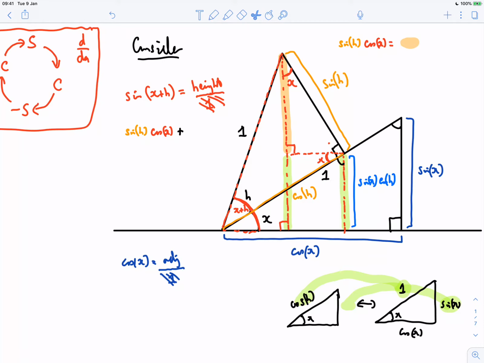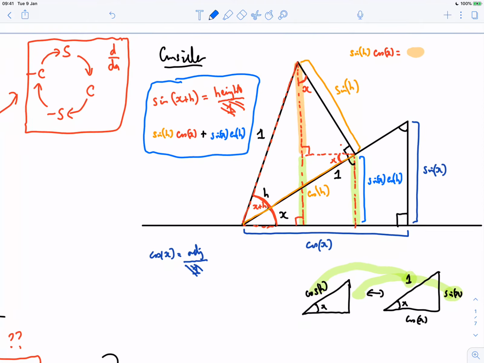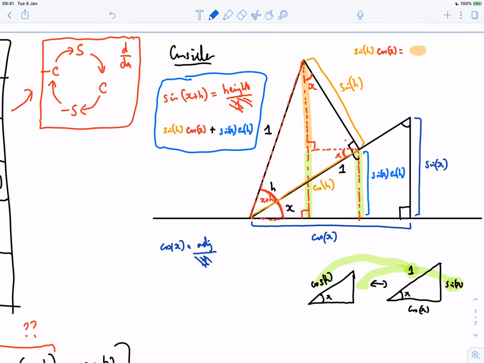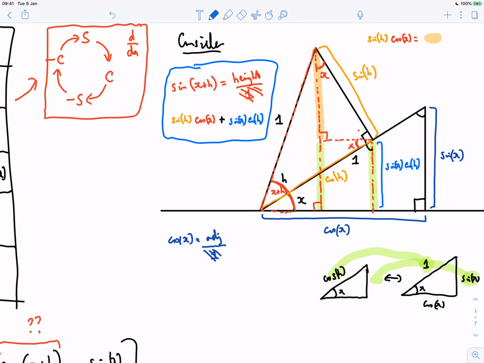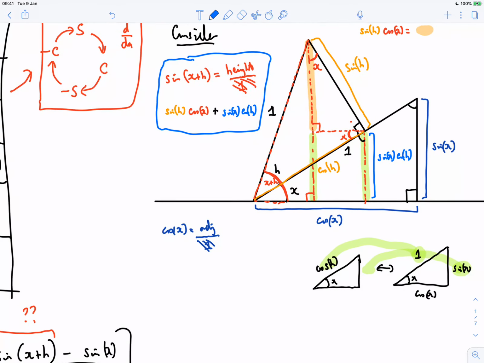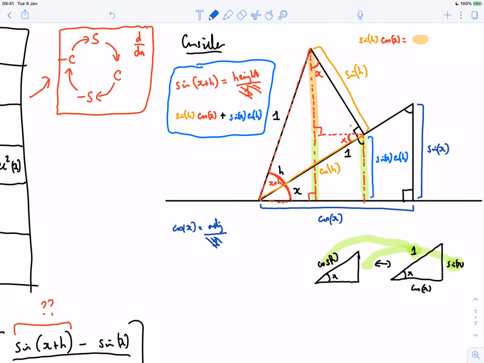And now I've got an expression for the height. So the final result is sine of x plus h is sine h cos x plus sine x cos h. I could have written that in another order, but essentially that's what it is.